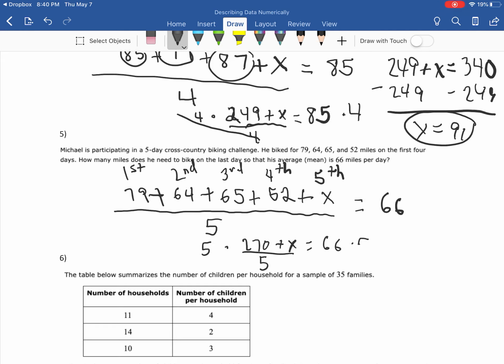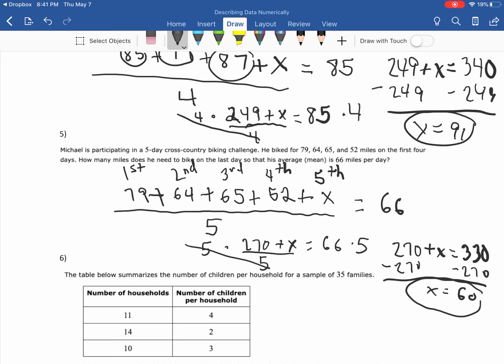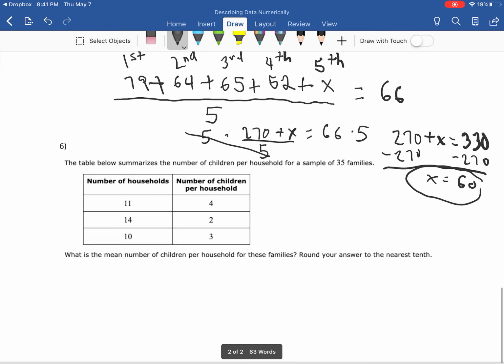Okay, multiply each side by 5 to clear fractions. So we have 270 plus x equals 66 times 5 is 330. Subtract 270 from both sides. So x is equal to 60.